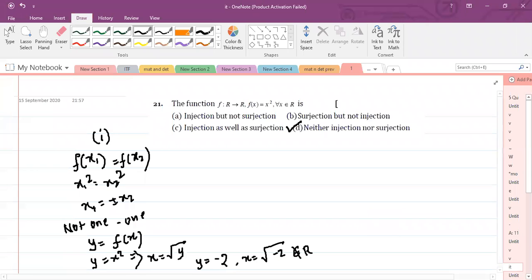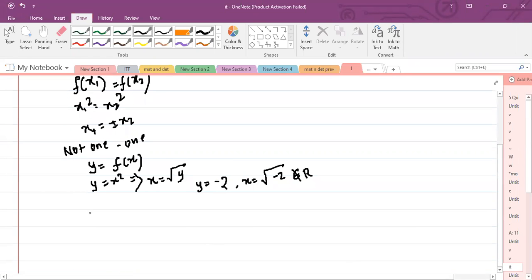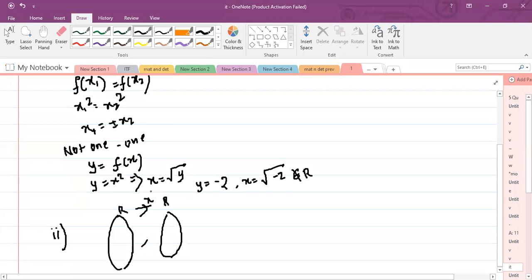This is the first method. So let me move to the second method, the arrow diagram method. Here on one side R, in between it is x square, and on the other side R. So you have 0, 1, 2, or even any real number, minus 1, minus 2.